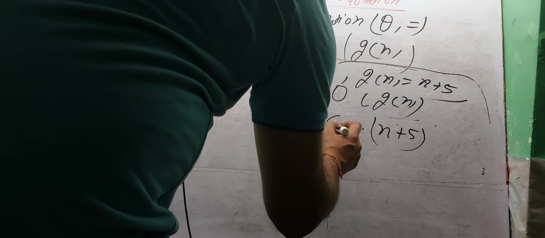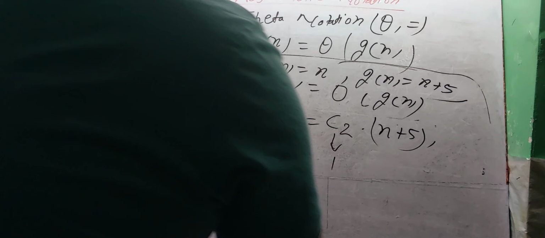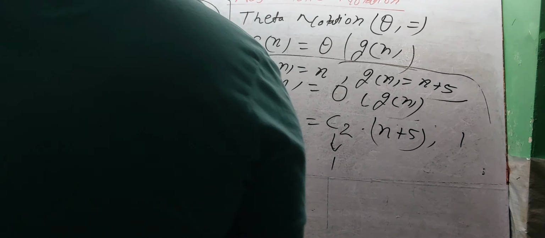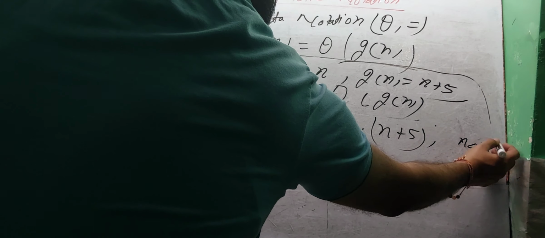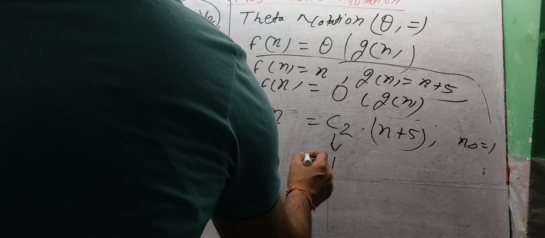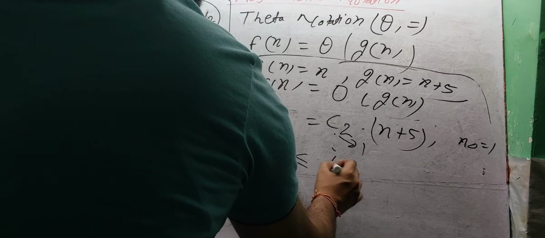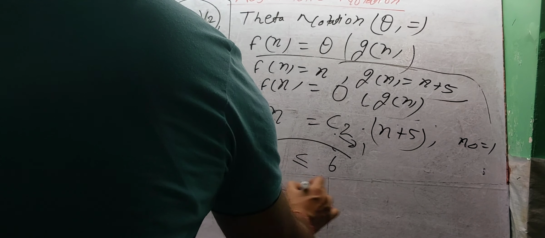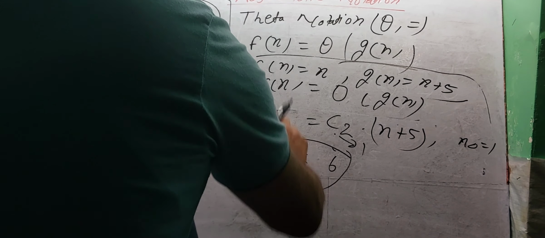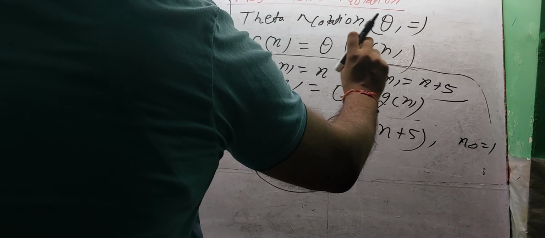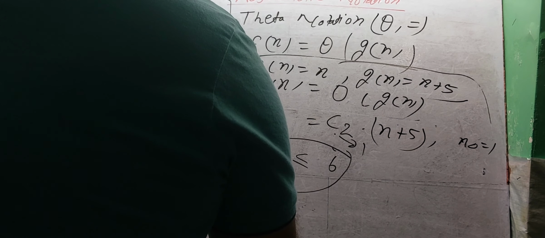Now if we take c2 as 1, and then if we take n naught equal to 1, then 1 is less than or equal to 6. So by taking n naught equal to 1 and c2 equal to 1, we are able to prove that f of n is big O of g of n.